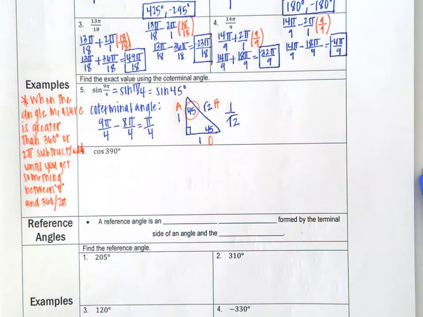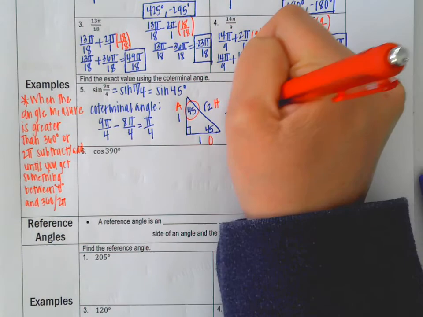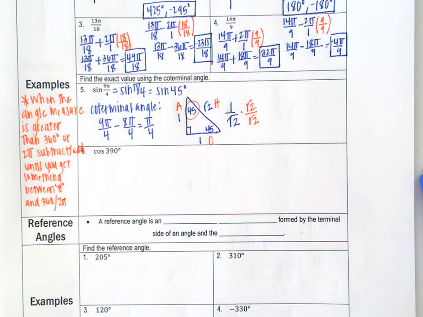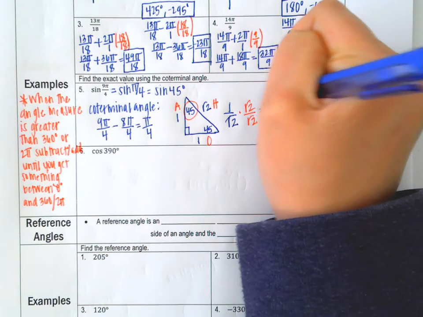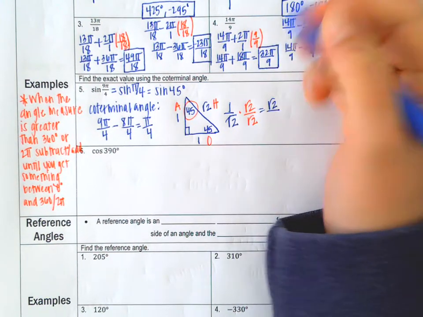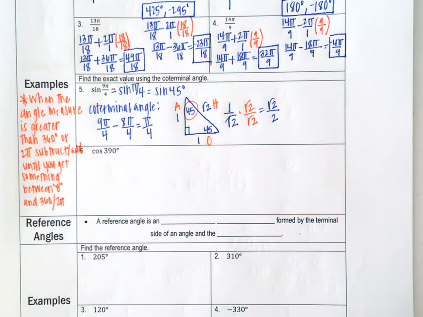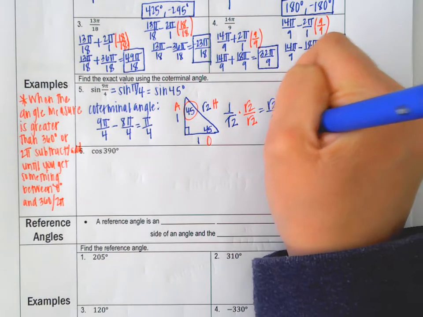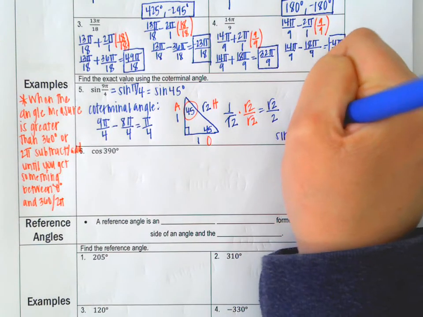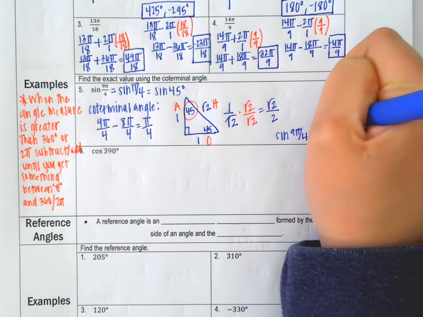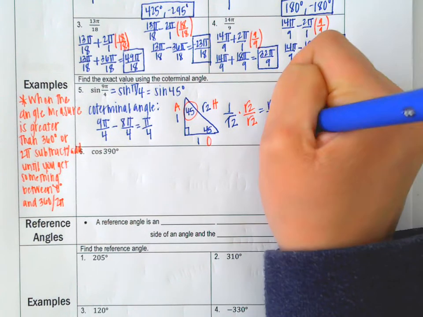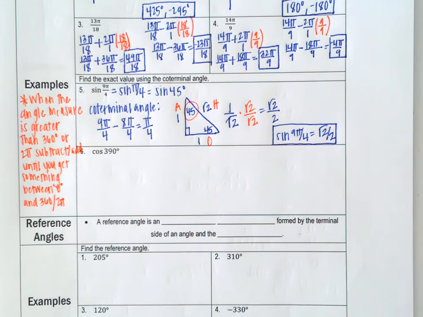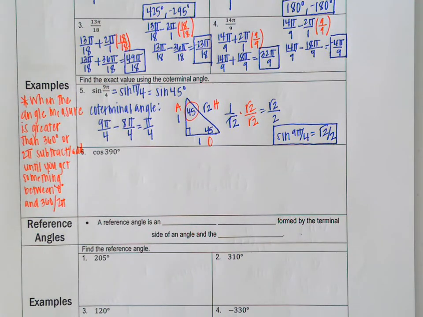We have to rationalize the denominator, so I multiply top and bottom by rad 2. 1 times rad 2 is rad 2, and rad 2 times rad 2 is 2. So that's my final answer. So the sine of 9 pi over 4 is equal to rad 2 over 2. And that is your answer.